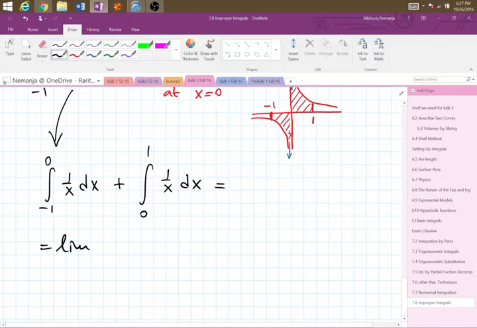So limit, 0 is at the upper, which means we are replacing 0 with b. Plus another limit. And this time a goes to 0 because it's on the bottom.